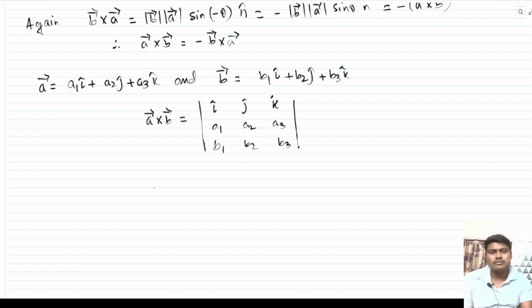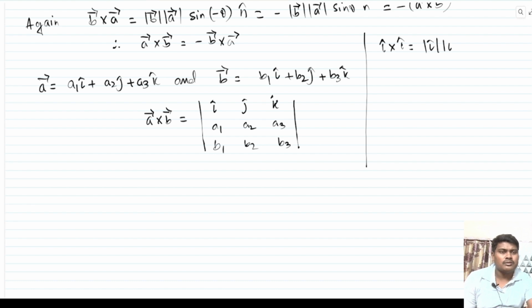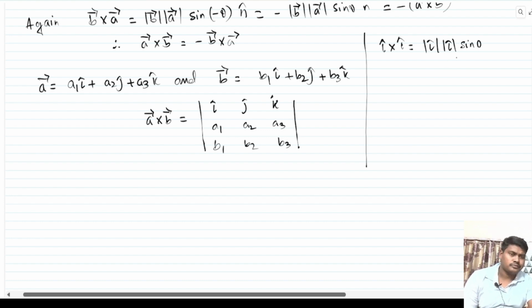Now we consider some other properties. That is, i cross i vector is equal to mod i mod i sin 0 into n cap.